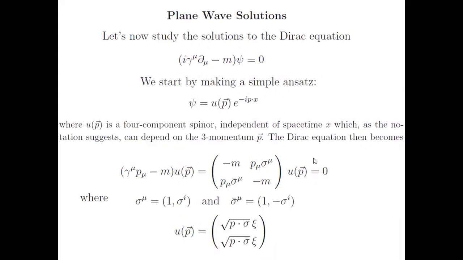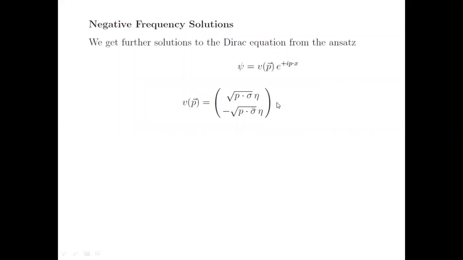Next. This Dirac equation also has a solution with negative frequency. That is, if we put e to the power plus ipx, it also satisfies the same equation. Again, if we do the calculations, we will get this v(p).